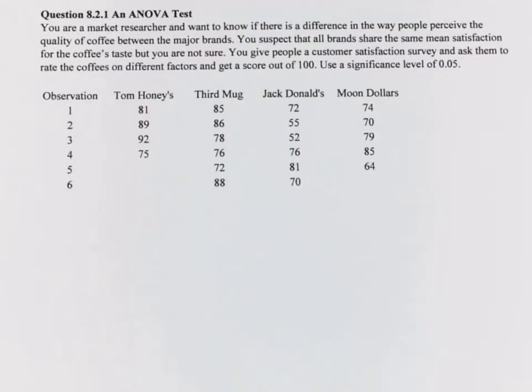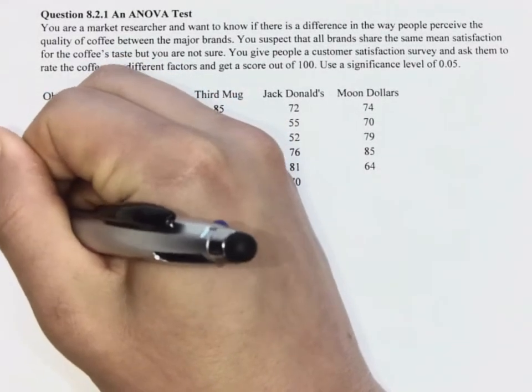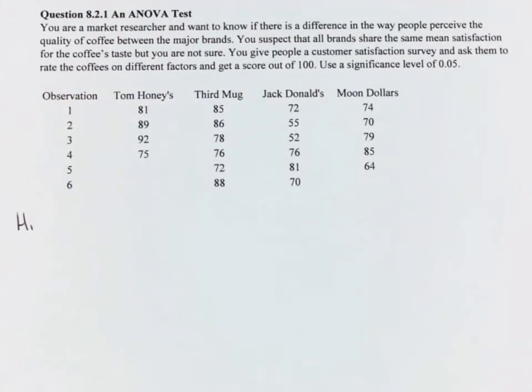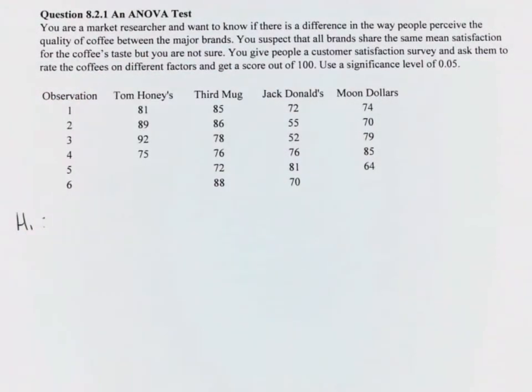Your textbook outlines 5 steps, and we'll follow these now. First, we need to state the null hypothesis and the alternative hypothesis. Now we assume that the standard deviations are all the same, and our null hypothesis is that all the treatment means are equal.